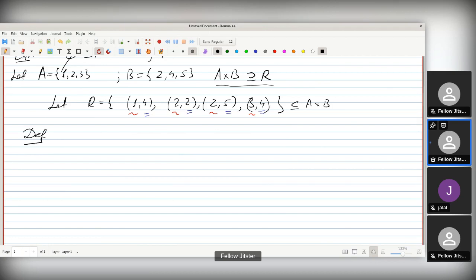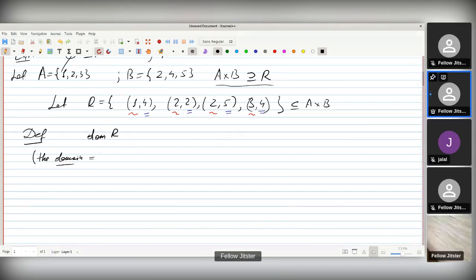By definition, the set of all first coordinates is known as the domain of our binary relation. That is the set of all the first coordinates.